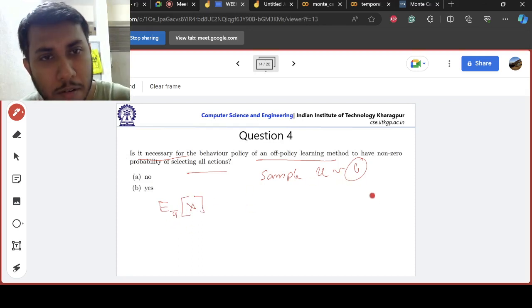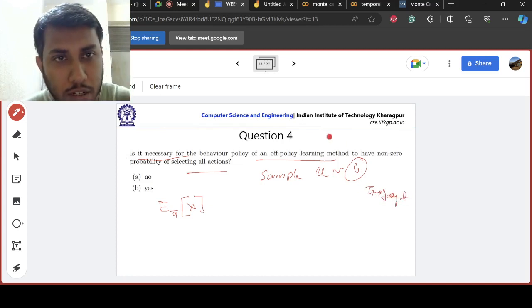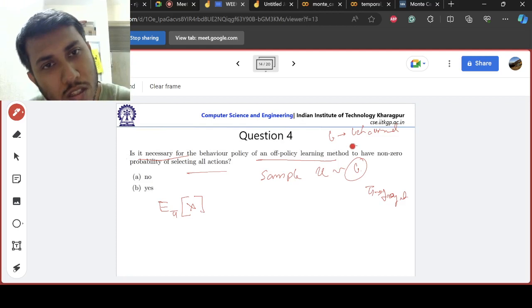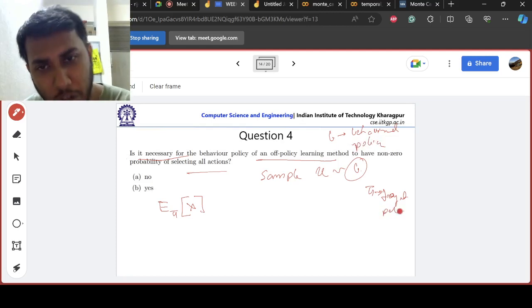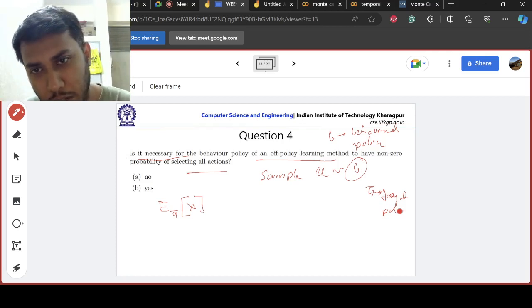Pi is the target policy and b is the behavioral policy. So you are being asked to find this value, E of pi of x, given samples from b.